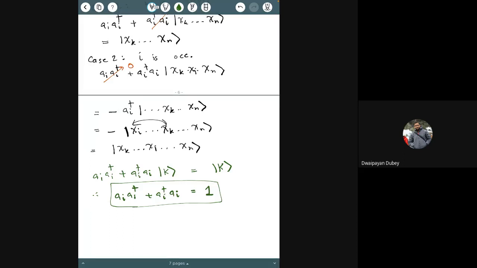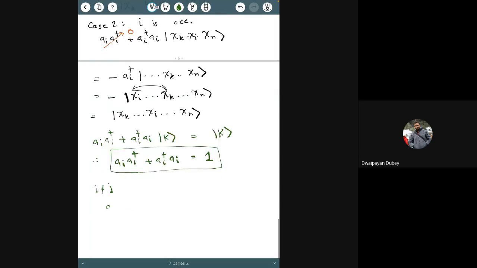Then the next situation is for I not equal to j. So let's do I not equal to j. Then I have A_I A_J dagger plus A_I dagger A_J.